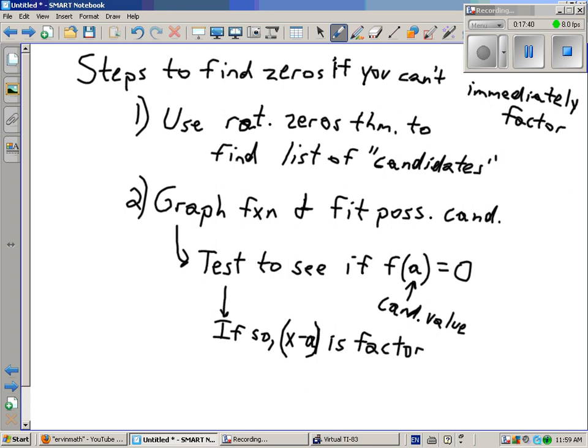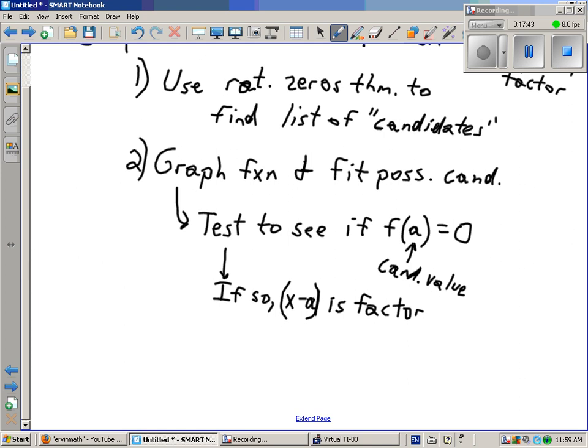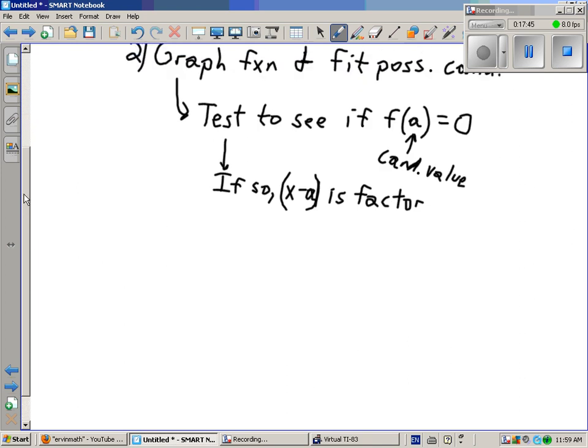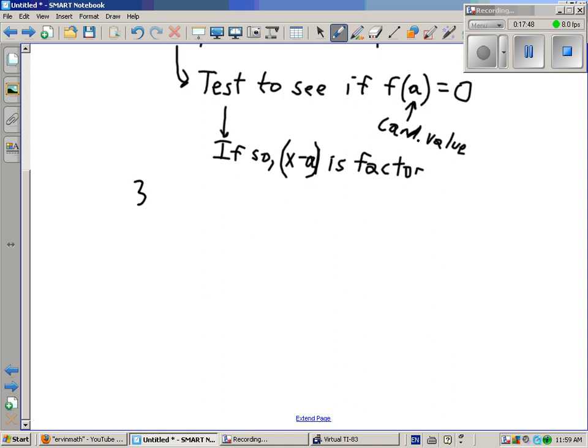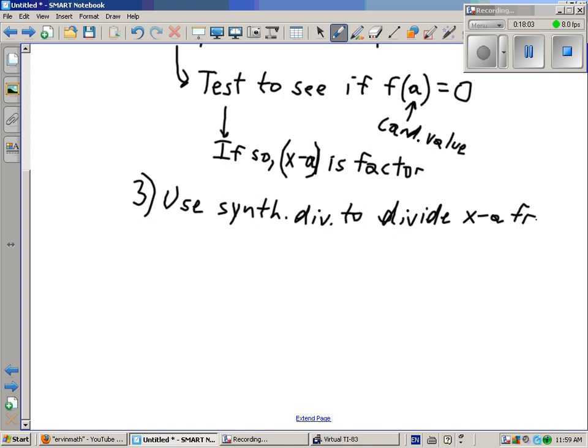Okay, great. Now, x minus a, that's a linear factor. So what you can do is use synthetic division to divide x minus a from your original function. And then finally, lather, rinse, repeat if you have to.